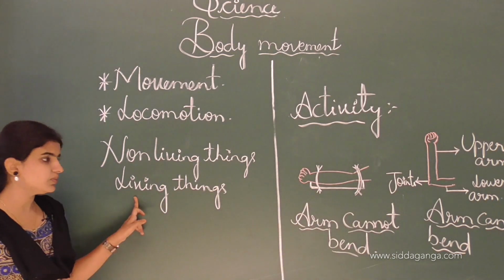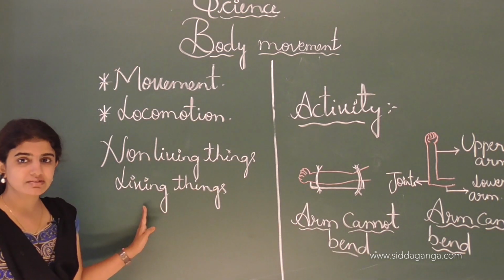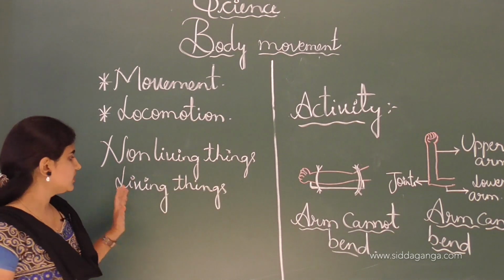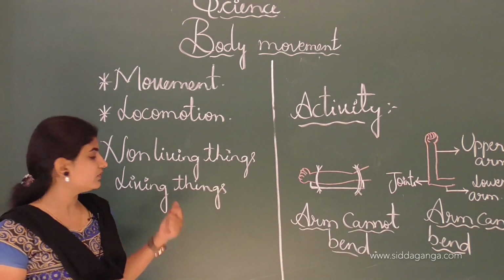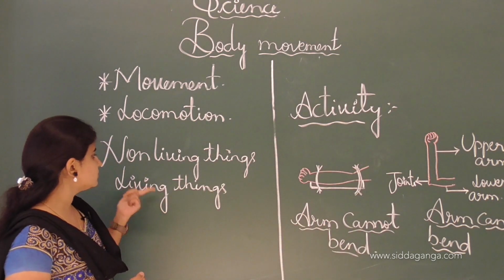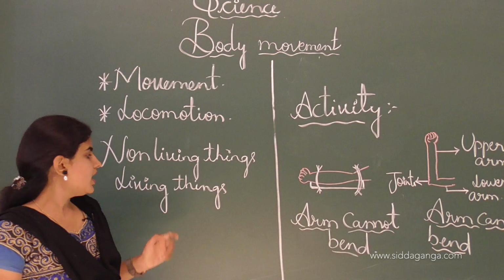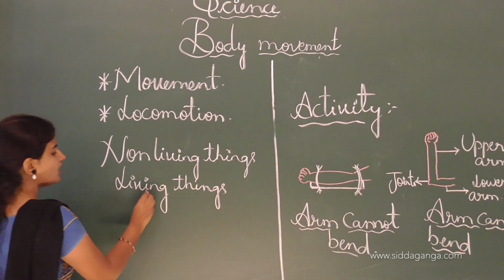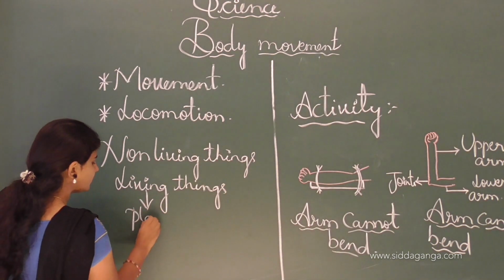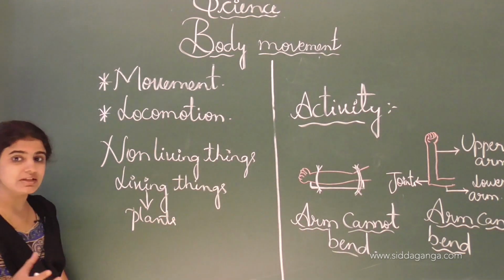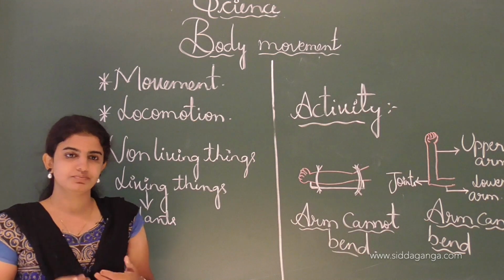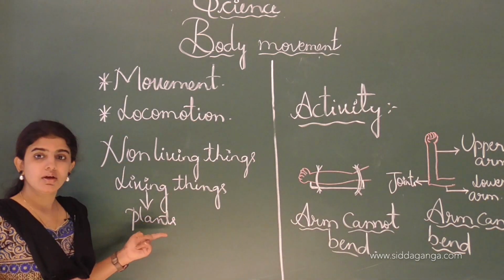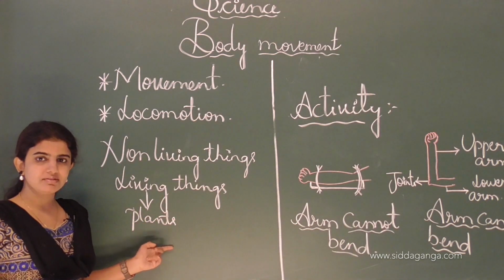Whereas living things move on their own, and it is one of the characteristic features of living things. Using this feature, movement, we can distinguish living things from non-living things. In plants, we can see slight movements too.